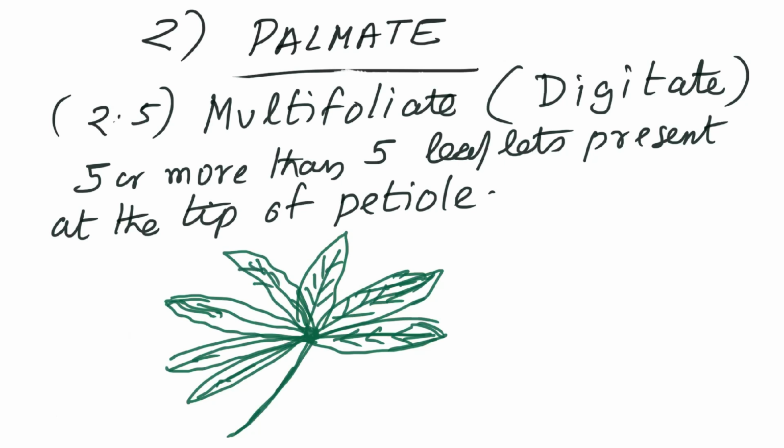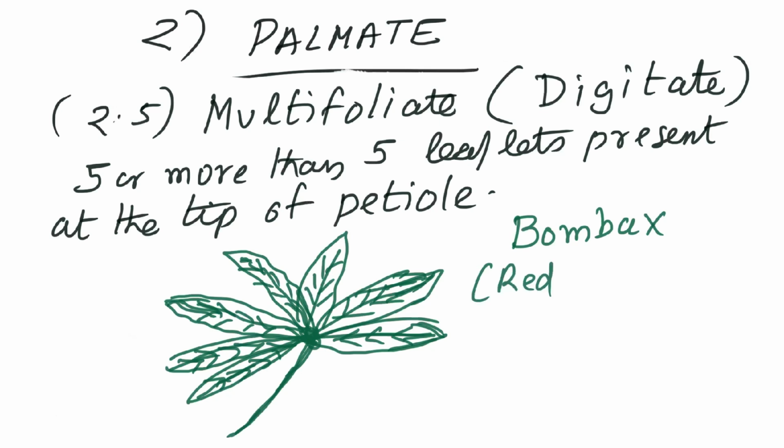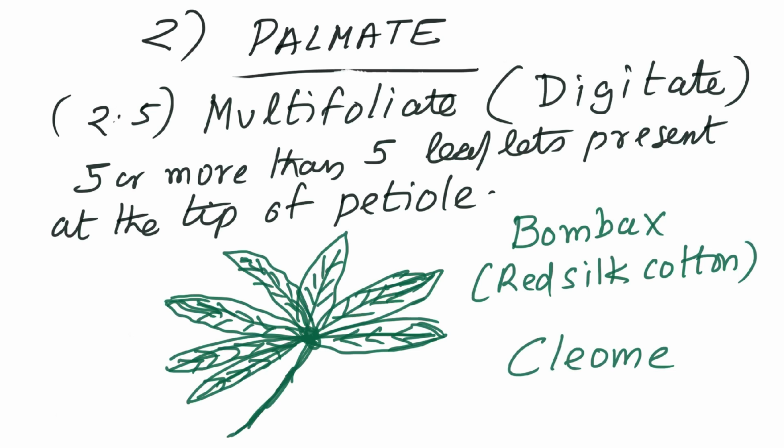The diagram is dealing with Bombax, a very well-known specimen commonly called red silk cotton, whose vernacular name is semal. Another notable example is Cleome. With that, we are coming to the end of the discussion related to palmate compound leaves. Be clear about the diagram to get a better understanding.